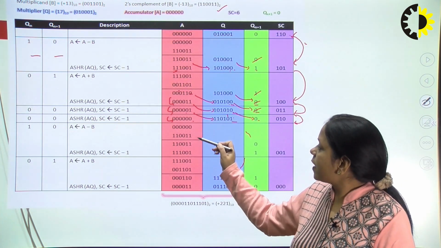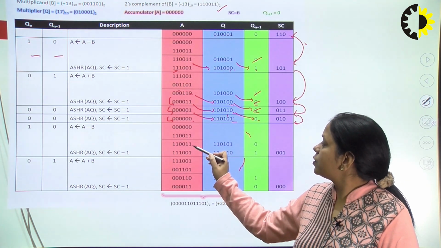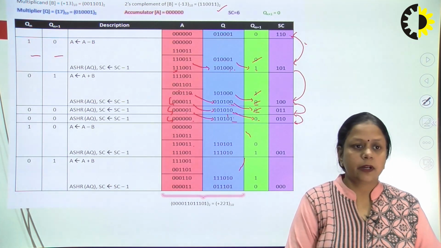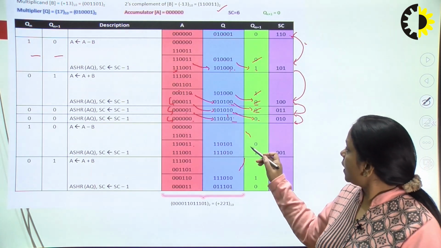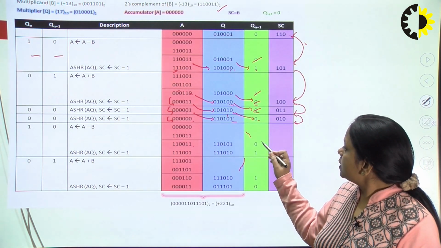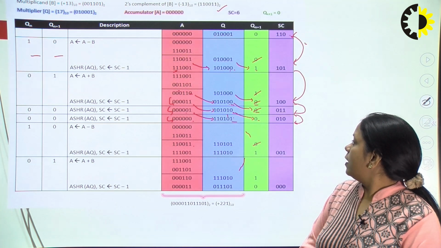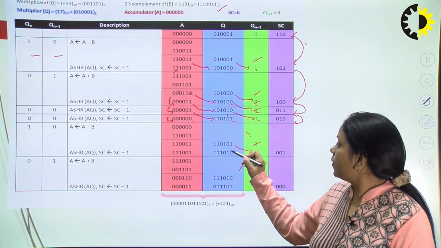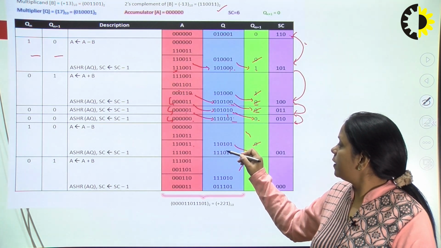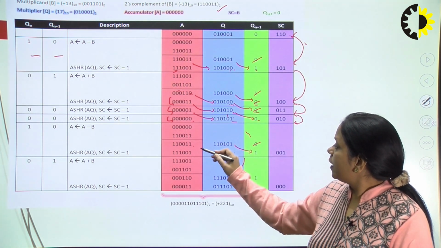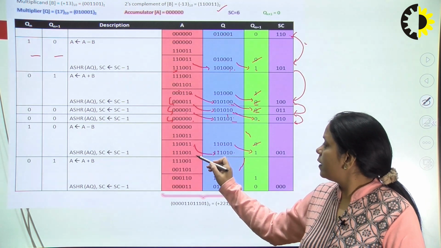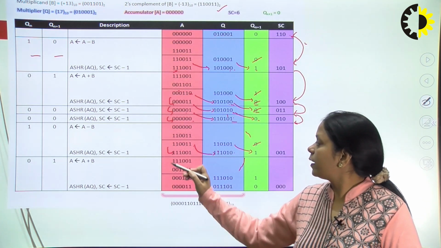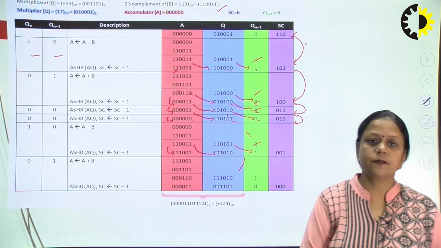Then we will add this value and we will get 1, 1, 0, 0, 1, 1. Now, we will perform arithmetic shift right. In the case of arithmetic shift right, this 0 will be lost, 1 will come here, 0, 1, 0, 1, 1, 1, and this 1 will come from here, 1, 0, 0, 1, 1, and this 1 will come here, because the last bit was 1.